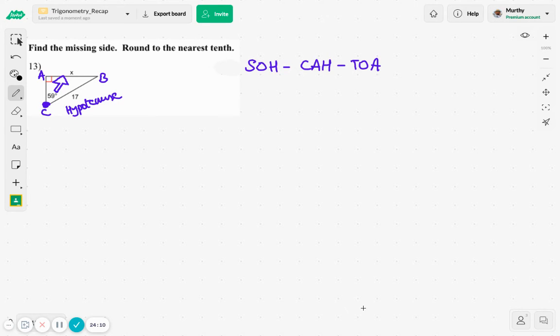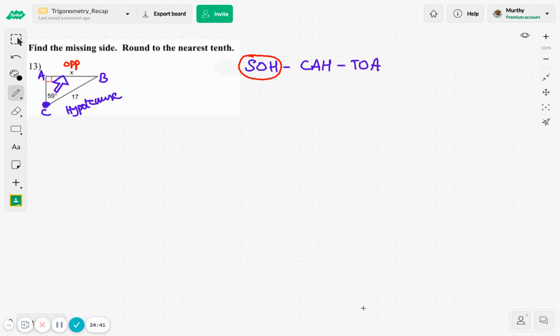SOHCAHTOA. Now, which one shall I take? I see that AB is missing. I know that this is the opposite side to the given angle. AC is not given, so it is not required anymore. Therefore, opposite and hypotenuse, that occurs in sine.